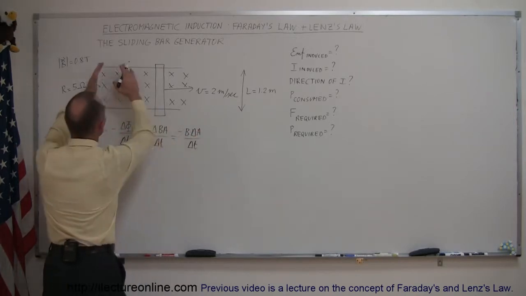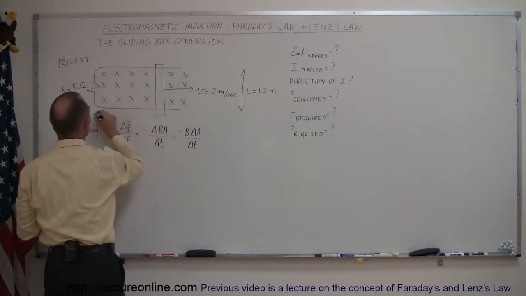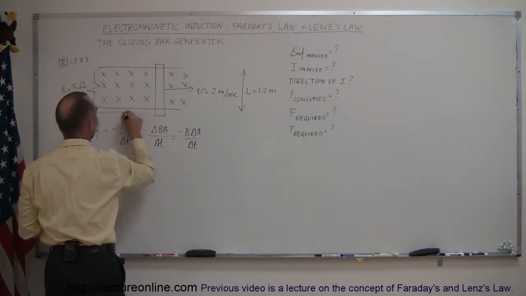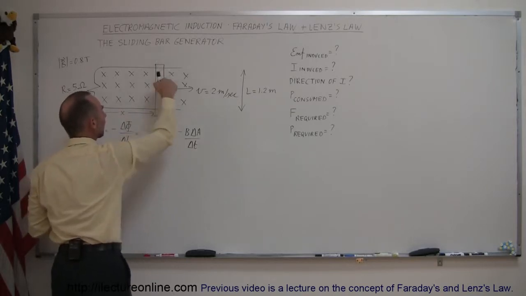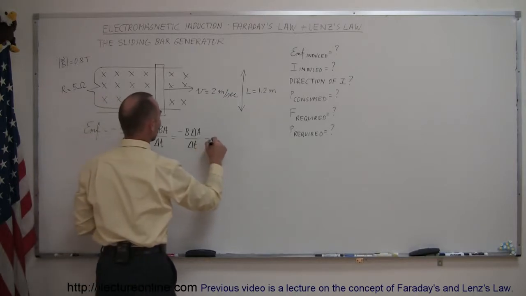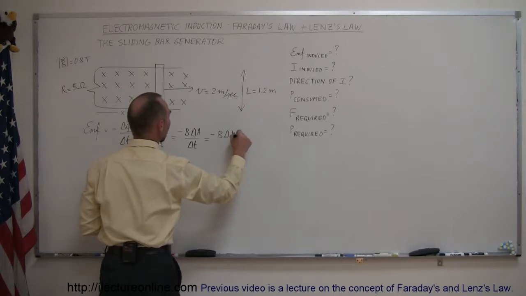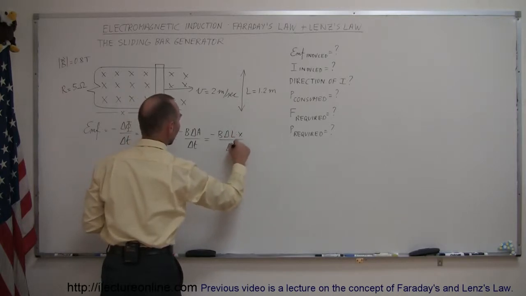And of course, the area of this loop is equal to the length times the width. And so we can call the length X and the width L. Well, it's not traditional, but that works for us. So the EMF is equal to minus B times the change in L times X over time.